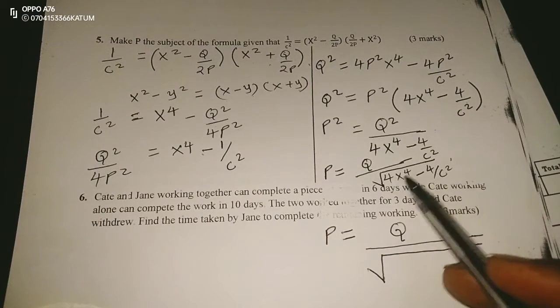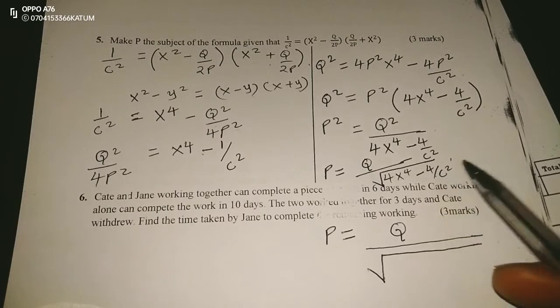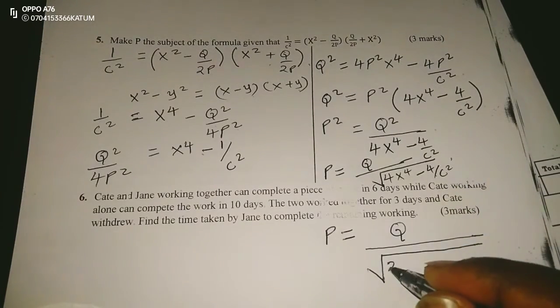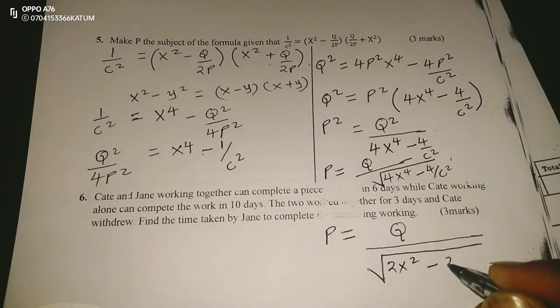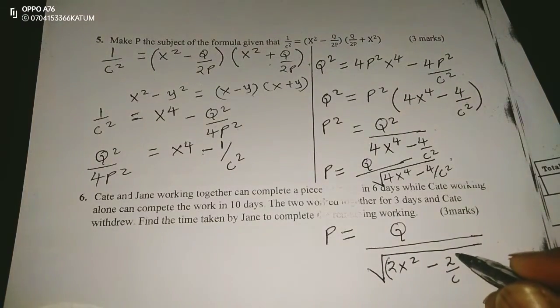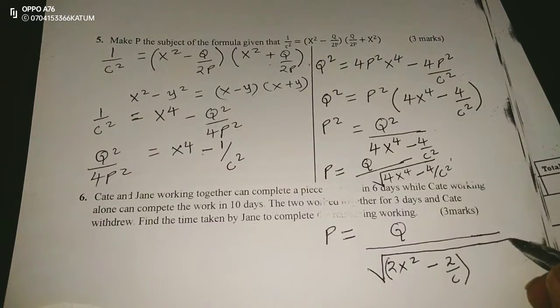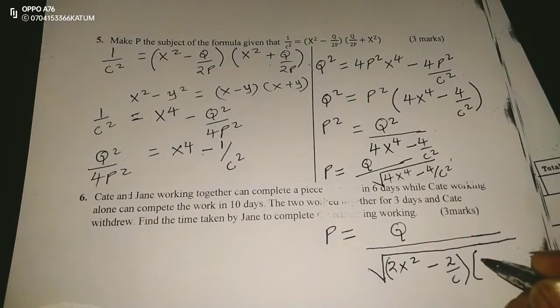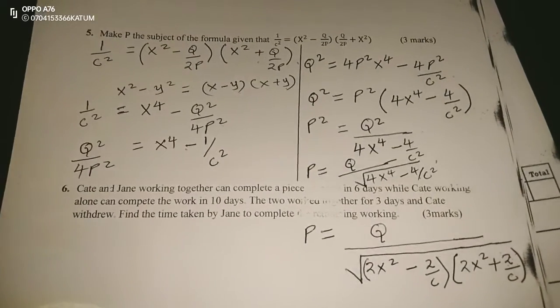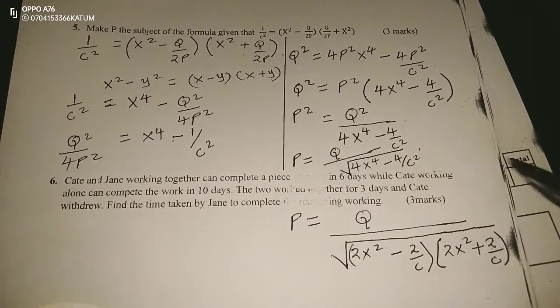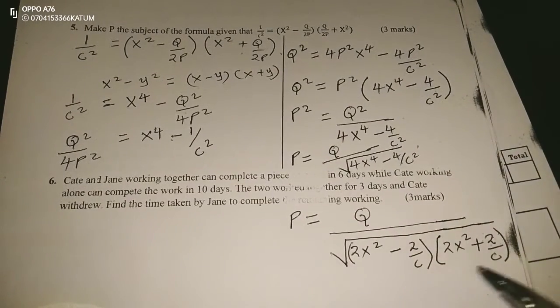Now that this is a difference of two squares, we can factorize it, and this will take us to 2x squared minus 2 out of c. Remember, this root sign is for all these factors. Then we're going to have 2x squared positive 2 out of c. So this is the most simplest form of the expression here after making p the subject of the formula.